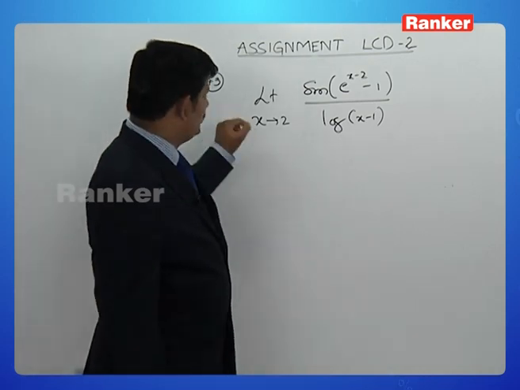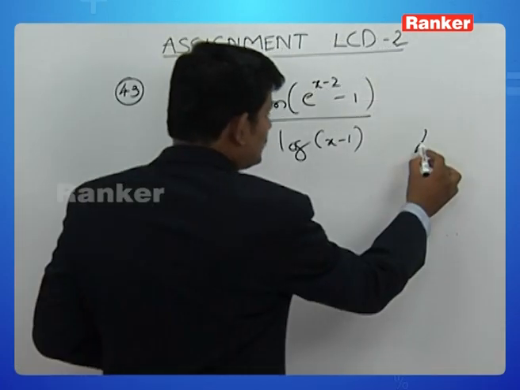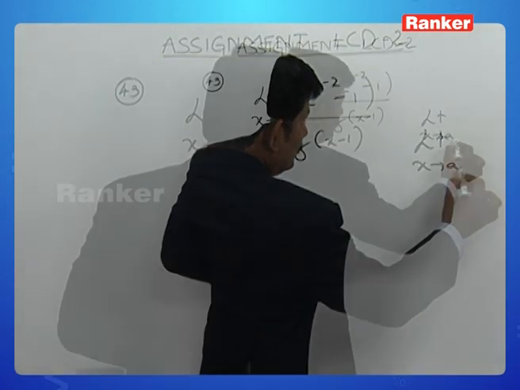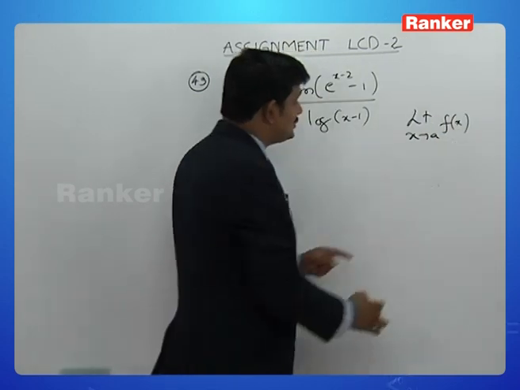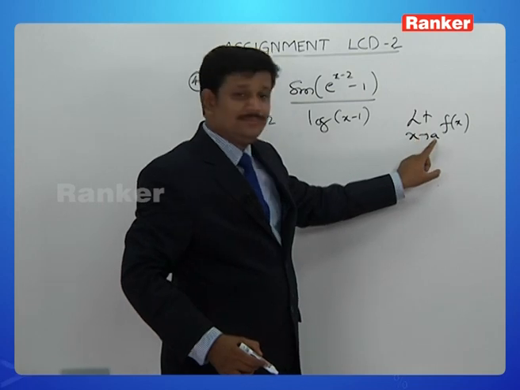Let us convert this limit into a limit tending to 0. Limit as x tends to a of f(x). We are investigating the nature of f(x) in the neighborhood of a.